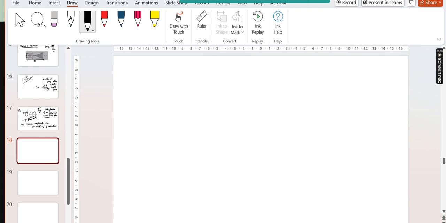So basically for the plane wave, this is 1 into E.